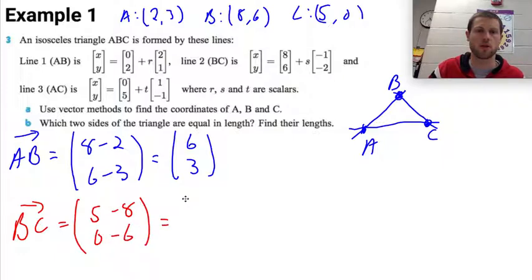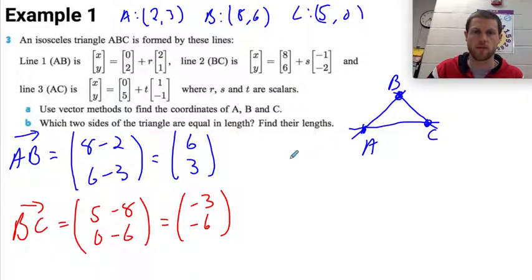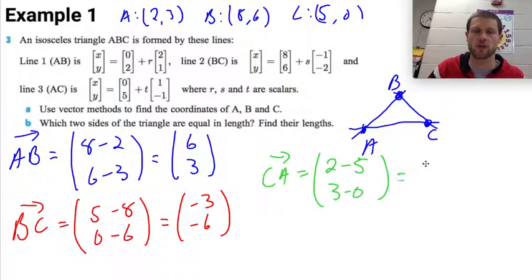So that's going to be vector -3, -6. And then finally we have vector CA, or AC, doesn't really matter. Let's do CA. That's going to be equal to A minus C. So 2 minus 5 and 3 minus 0. So that vector is equal to -3, 3.